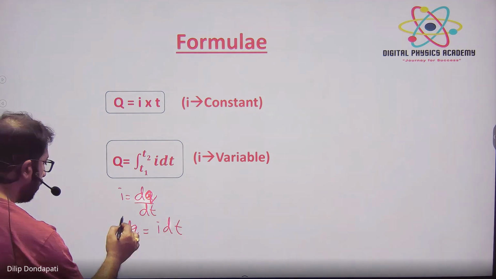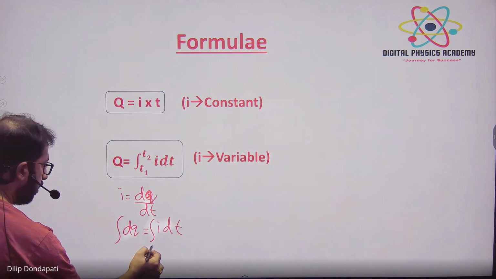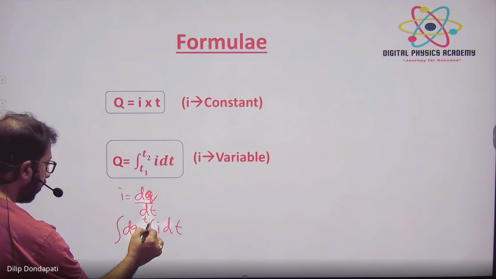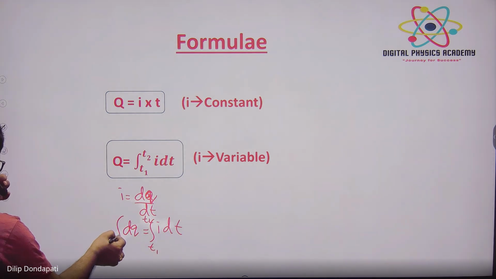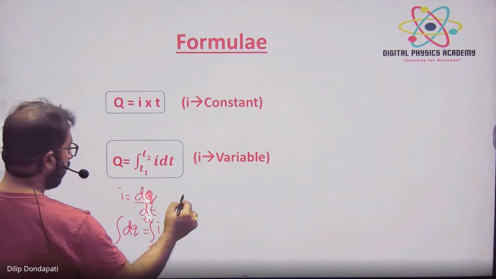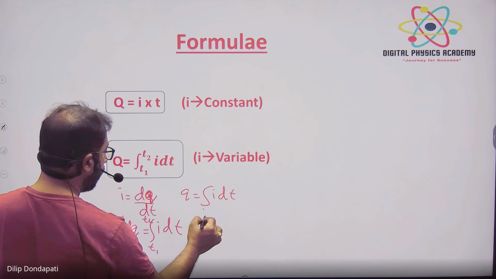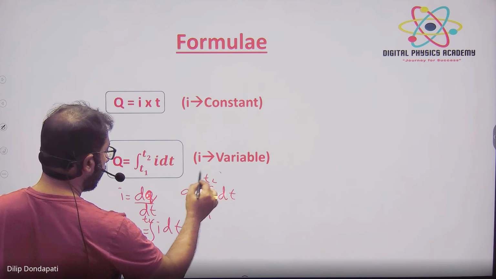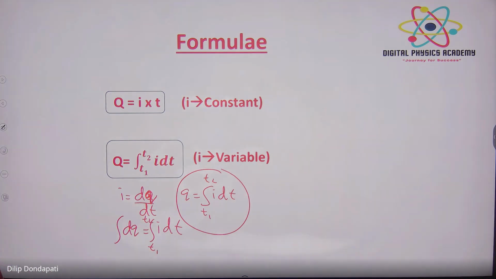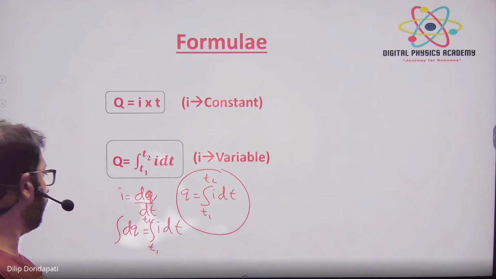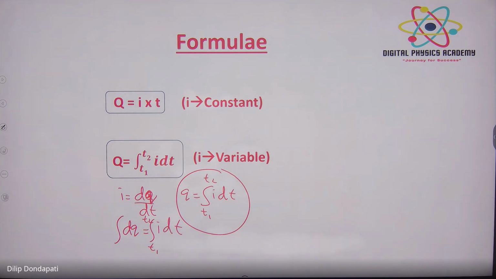I am integrating both sides. The limits of dt are from t1 to t2, and the integration of dq is q. Therefore, q is equal to integral I dt from t1 to t2. Q equal to integral t1 to t2 I dt is the formula.